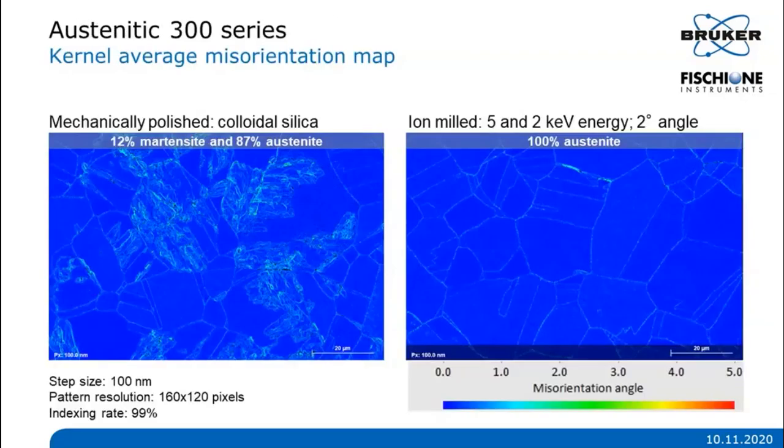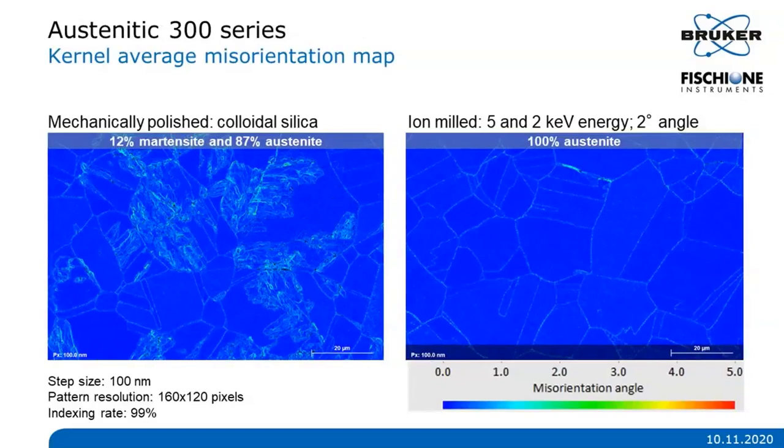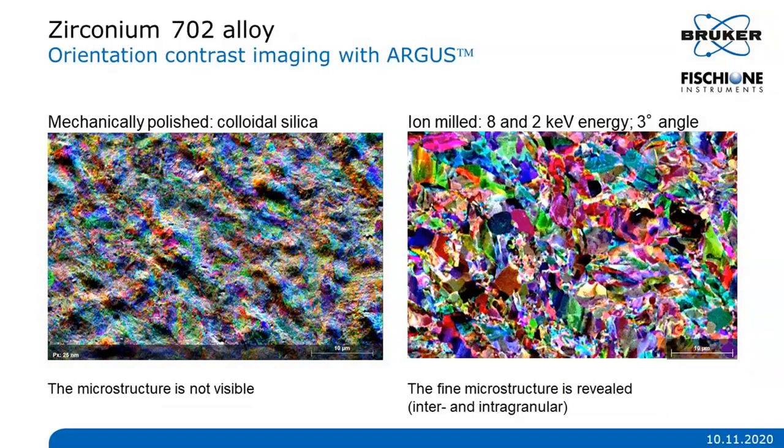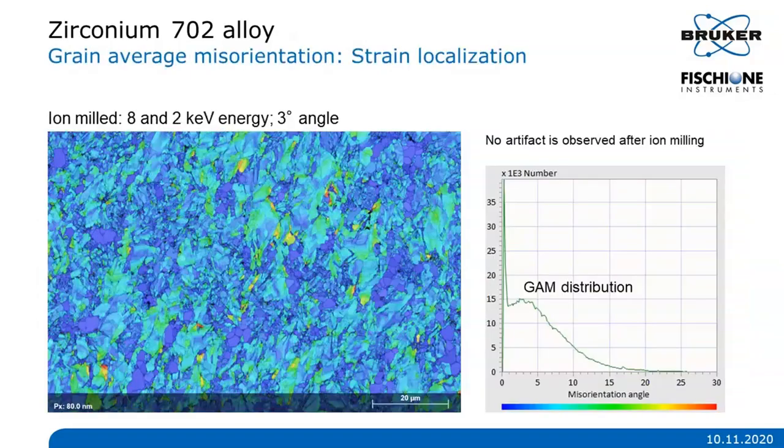So we are using one single software, Esprit, to acquire the Argus images, acquire the combined EDS EBSD measurement, and calculate the misorientation map. So this kernel average misorientation map, and also you've seen this grain average misorientation map.